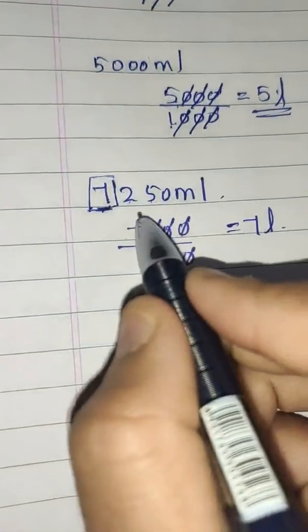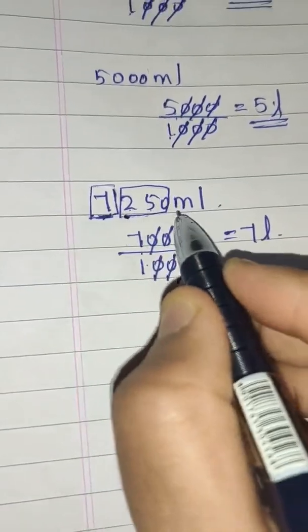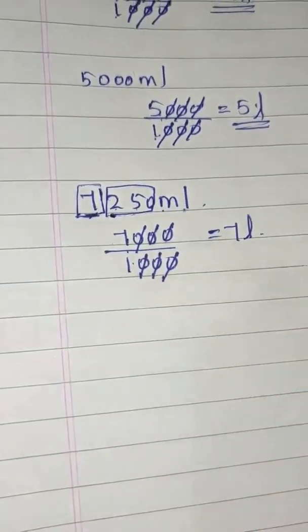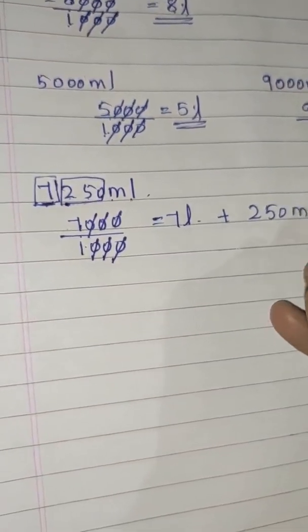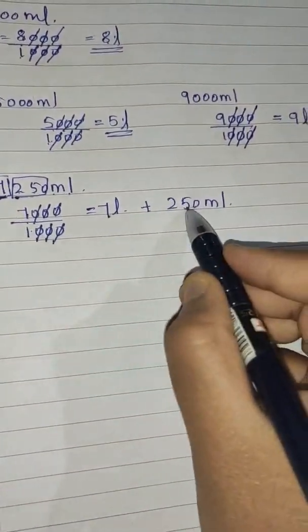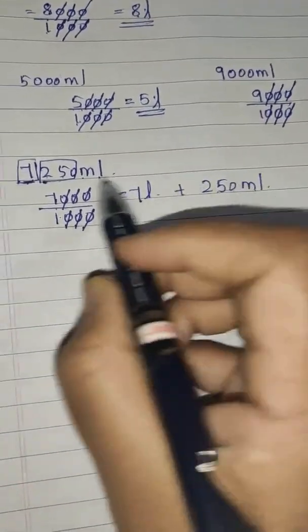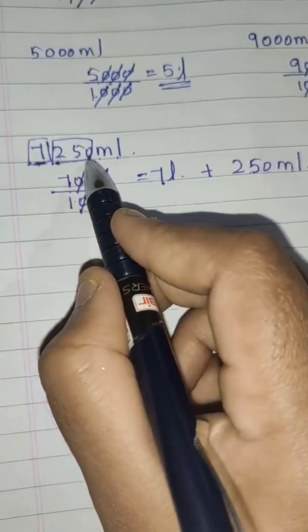Now what remains here? 250 means it is milliliter. So plus 250 milliliter. So when you add this 7 liter plus 250 milliliter, you will get the answer 7250 milliliter. Isn't it?